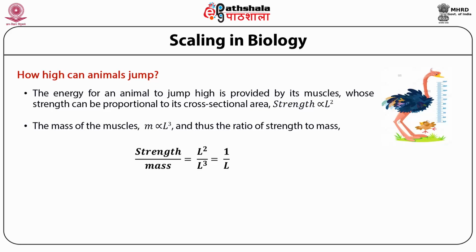So this is a simplified explanation that does not take into account many factors such as shape, orientation, and structure of these animals' muscles and bodies, but does explain quite a bit.